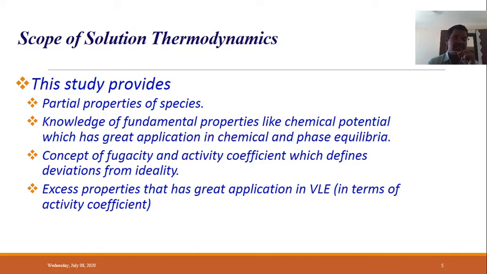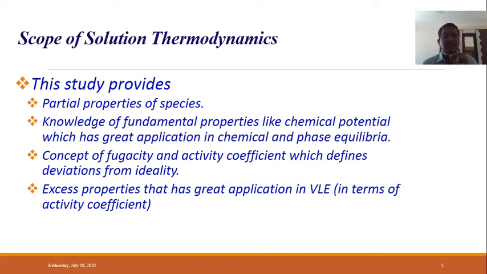Then we have excess property. Residual property we already have in unit number 1. Residual property is the difference between the actual and ideal gas property, and from that you can calculate the fugacity coefficient, which tells about the deviation from an ideal gas. And here we are looking at excess properties.